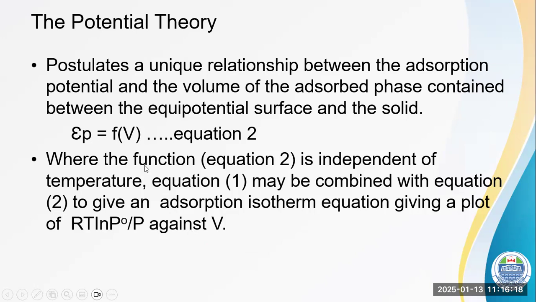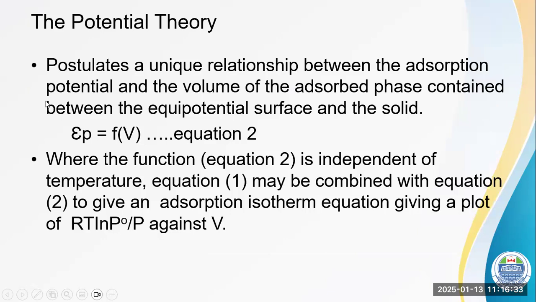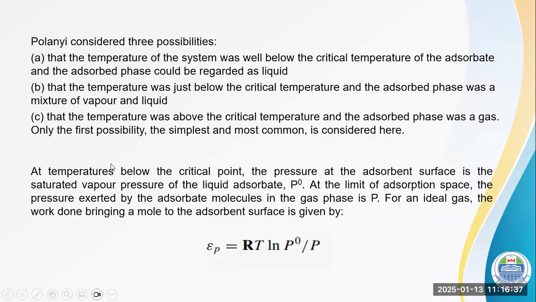If you have this and then you have it plotted, this is an experimental procedure that has been carried out for adsorption potential. This is the adsorption potential epsilon P that we have here in equation 2. Don't forget equation 1, epsilon P for an ideal gas, the work done in bringing a mole to the adsorbent surface.